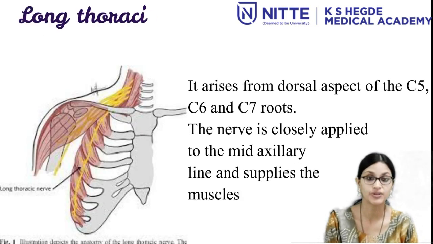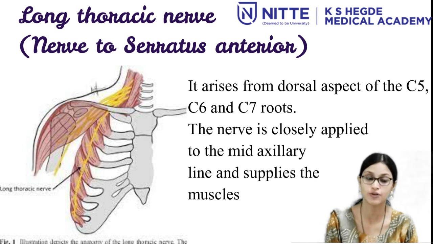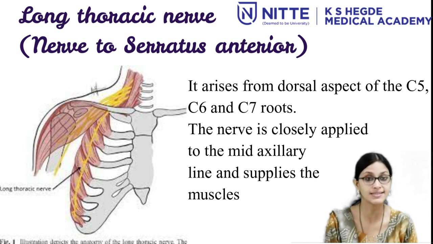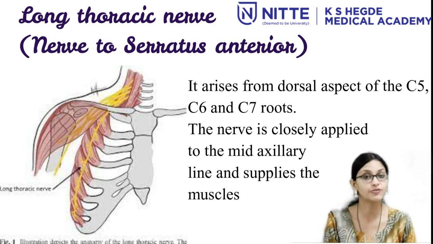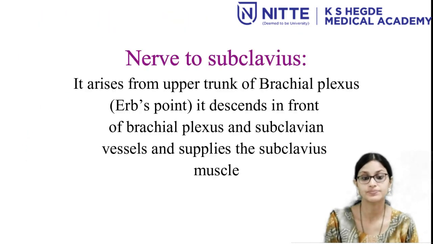The long thoracic nerve is otherwise called the nerve to serratus anterior. It arises from the dorsal aspect of the C5, C6 and C7 roots. The nerve is closely applied to the mid-axillary line and supplies the muscle segmentally.